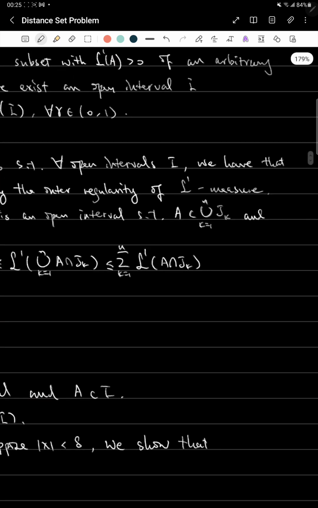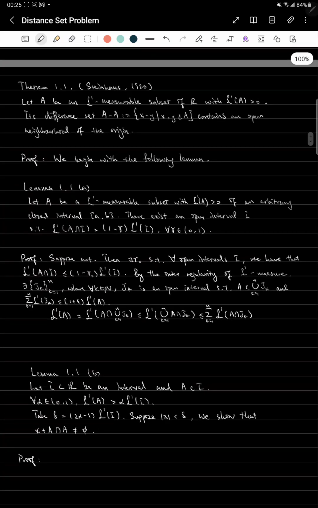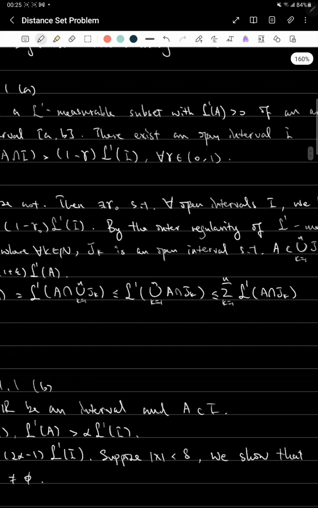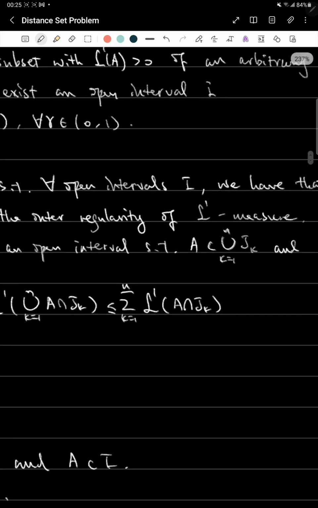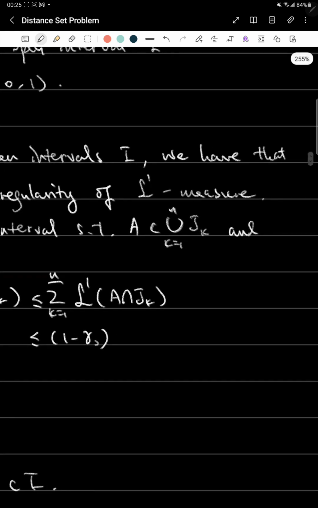Okay, and now this is the break point. From the assumption above, everything like this is bounded by one times gamma 0 times the measure of the open interval.